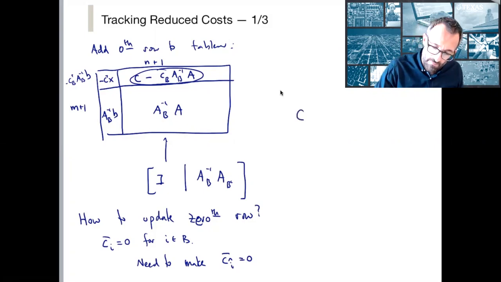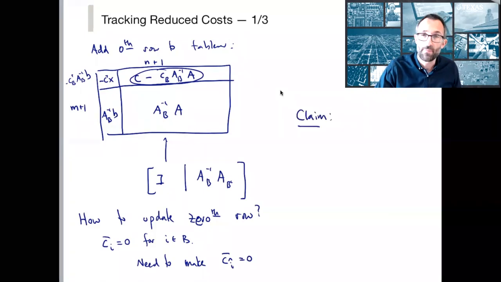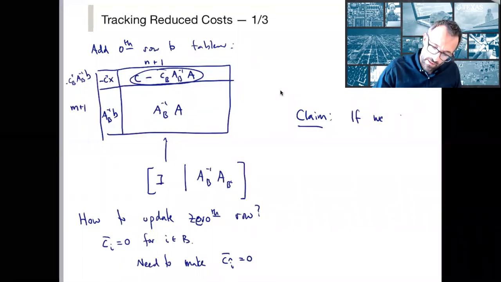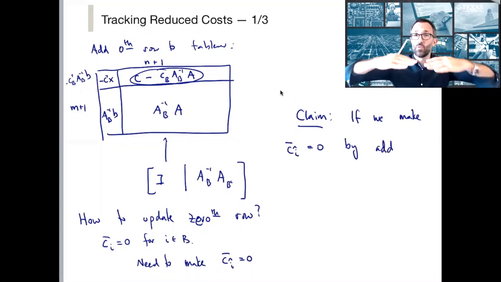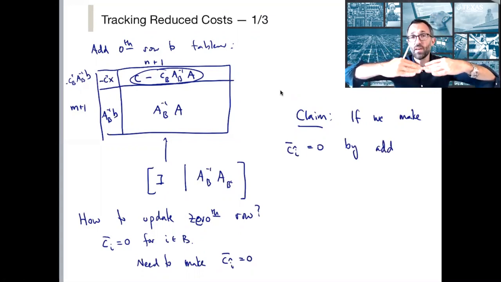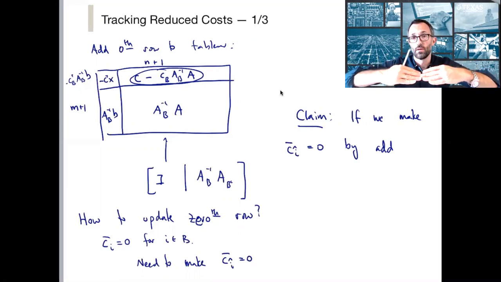So the claim is that this will automatically happen by row-column operations if we make C_i hat bar equal to 0. How do we do that? Again, by the only thing that we're allowed to do: add multiples of the pivot row.